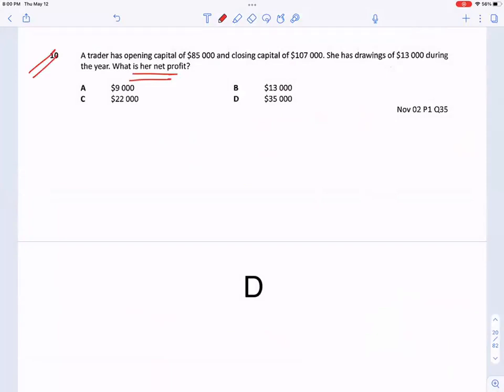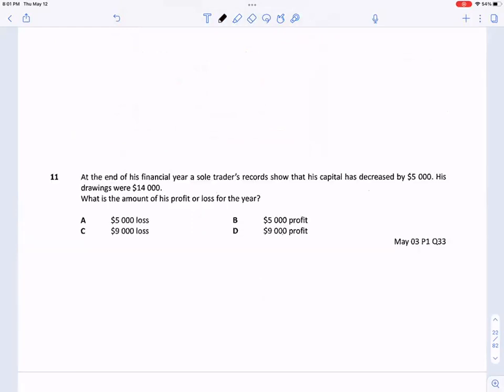Which account will you make? Capital account. Come on, who is giving it to me fast? Okay, Miss. Do the next one. It's also a past paper question.